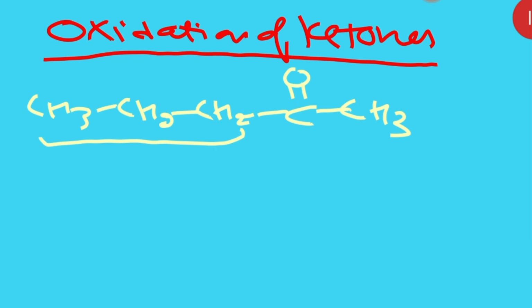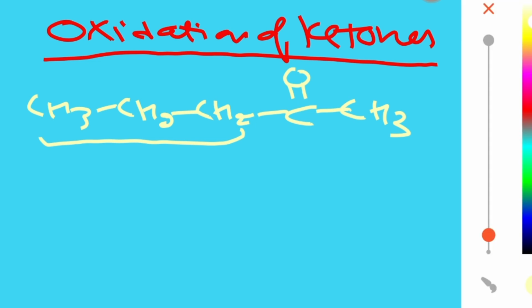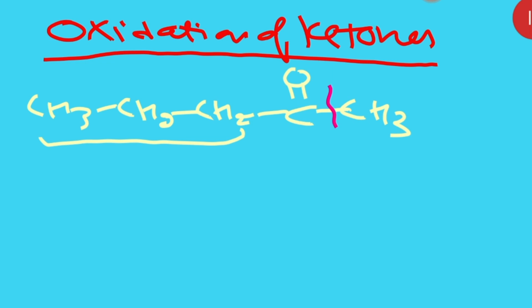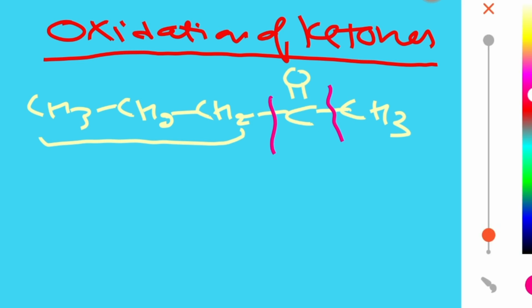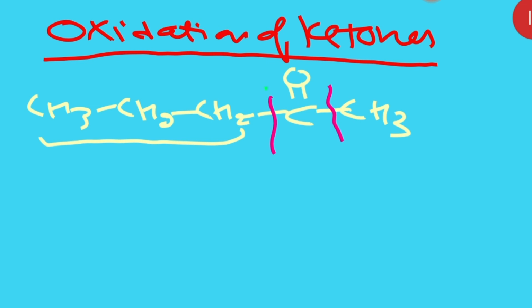Now we can cleave the bond in two ways, from here or from here. I will do the cleavage both ways. Let me do the cleavage from the green side first. If I do the cleavage from there, let's see what the product will be.